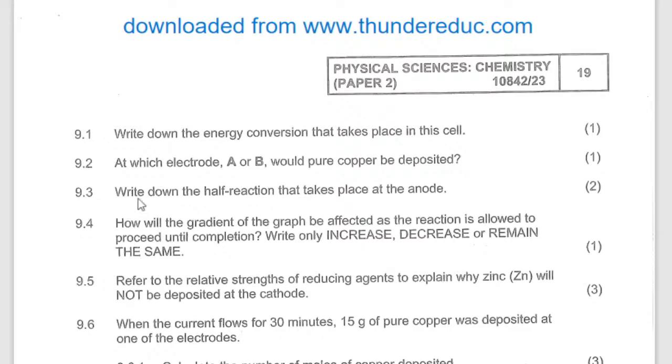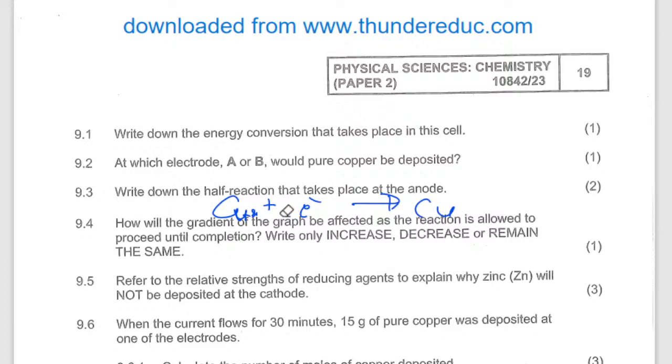Okay, they're saying, write down the half equation that takes place at the anode. So that is oxidation, definitely I'm going to have copper solid plus 2 electrons. If they are being oxidized to form, no, man.